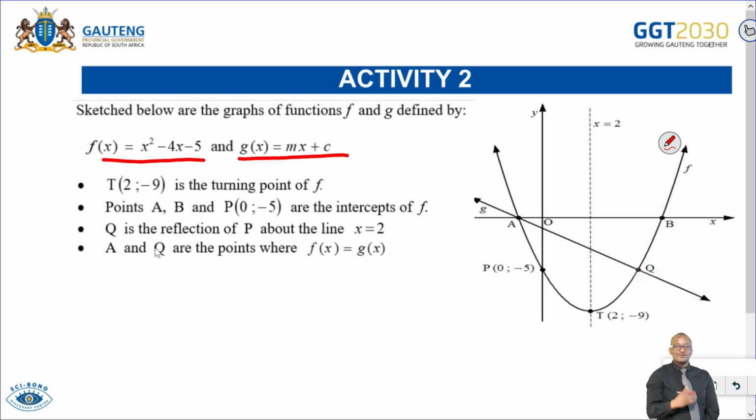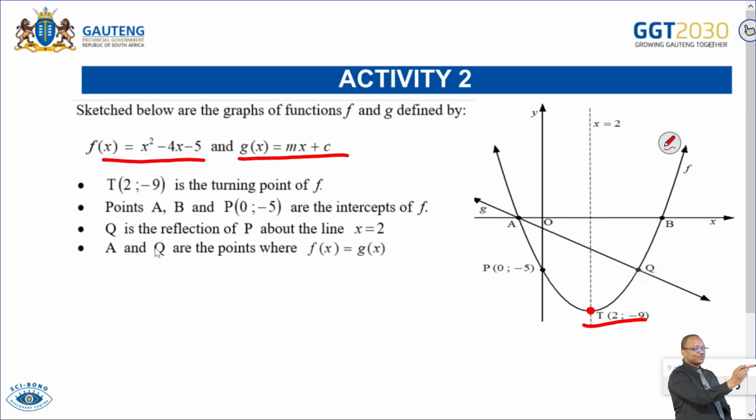g of x. Most of the time when the questions are being asked, you look at the graph that has enough information. And in this case, you can see that the function f of x has enough information. So now, bullet number 1 tells you that T is the turning point of f, which we can see is a turning point. Then points A, B, and P, which is (0, -5), are the intercepts of f.